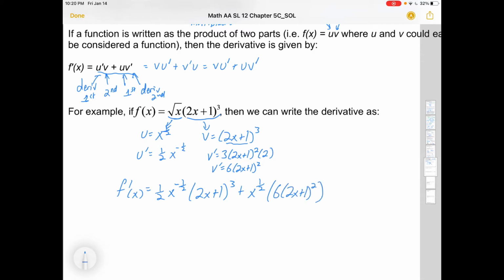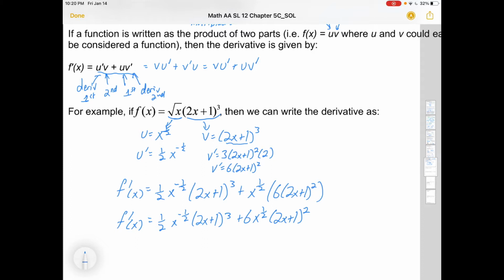And there is not a lot of simplification that needs to happen here. Generally, for each term, we would like the coefficient to show up out front. And so in this one, I'd rather see the 6 in front of the x to the half. You could factor this if you really wanted to.